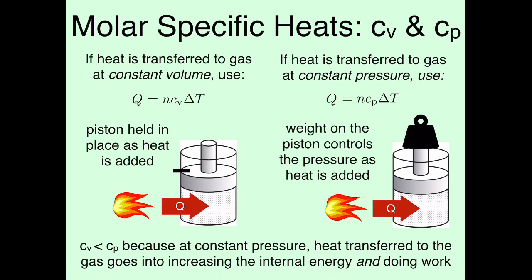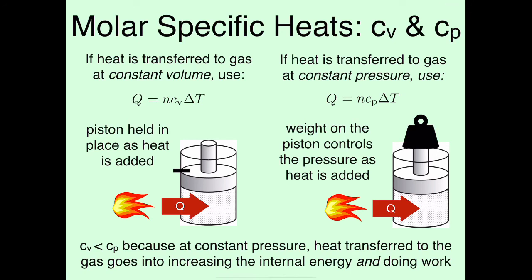So the heat that you add is going to two places. Some of that heat is going to work, which moves the piston up, and another part of that heat is going to increasing the internal energy of the gas, increasing the temperature, okay? So because of that, it takes more heat to increase the temperature at constant pressure than at constant volume. And that's why C_P is bigger than C_V.